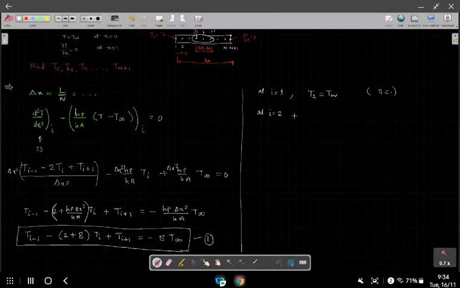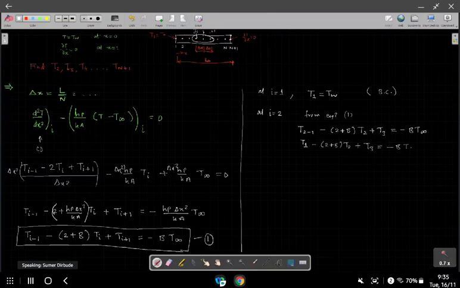From equation 1, with I meaning 2, 2 minus 1, T1 minus 2 plus B T2 plus T3 is equal to minus B T infinity.